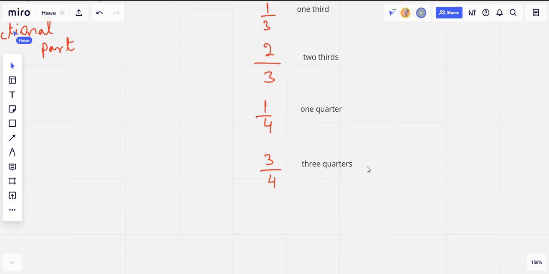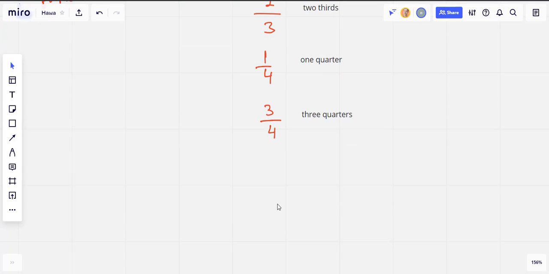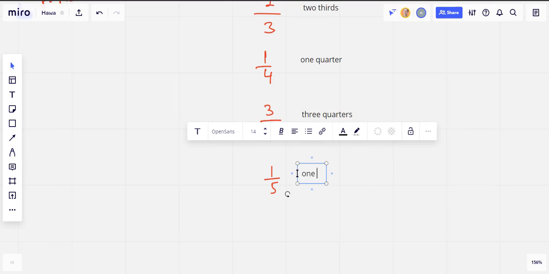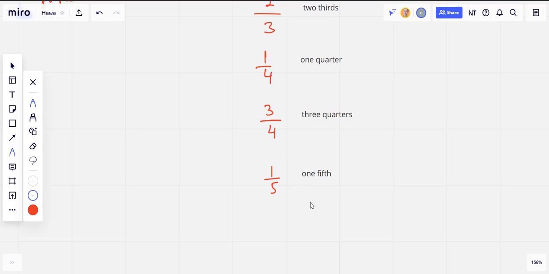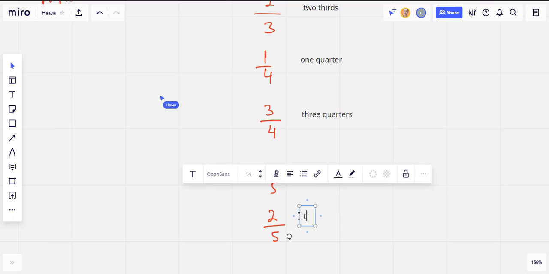Now, for any number other than these 3 numbers, 2, 3, and 4, we just write th at the end. So let's say for 5. 1 over 5 would be 1/5, a fifth. See, th at the end. And as the numerator is just 1, no s at the end. And if the numerator is more than 1, I'm just writing 2, it could be anything, then we write 2/5 with the s at the end.